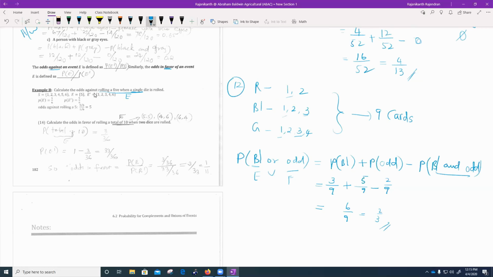So first of all, you need to figure out P(E) and P(E prime). Once you know these two, the odds against the event is the fraction P(E prime) over P(E). Therefore, I'm taking first P(E prime), which is 5 over 6, then dividing by P(E), which is 1 over 6. If you simplify this fraction, it is 5.